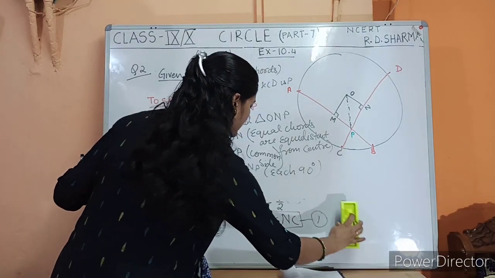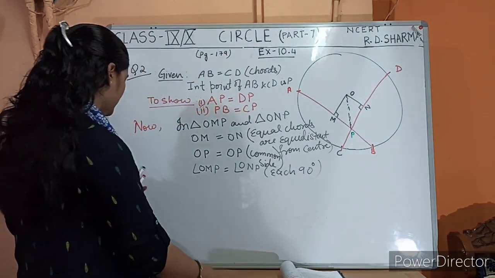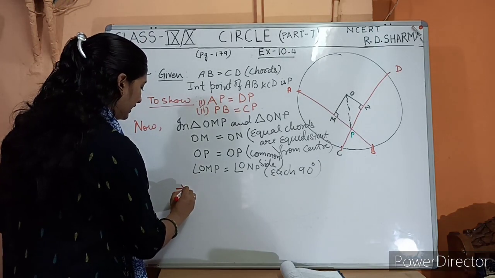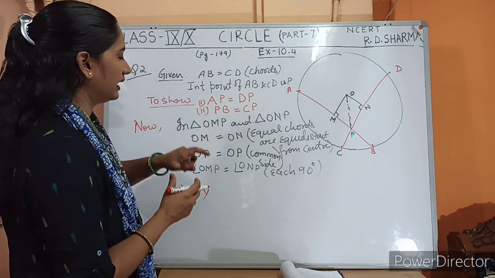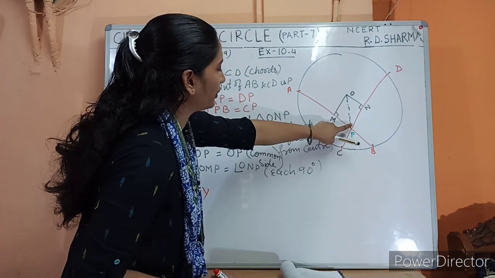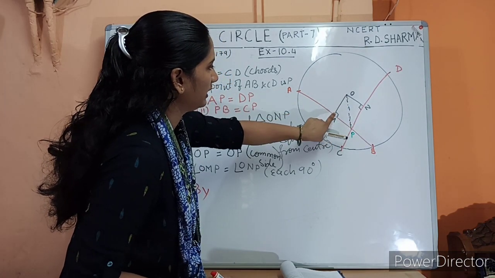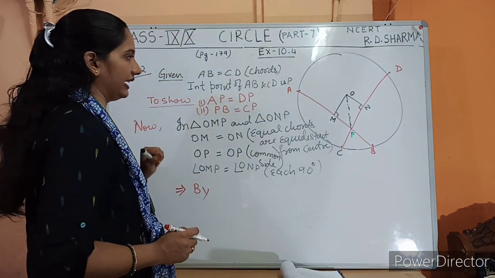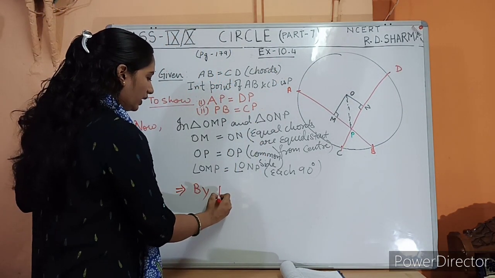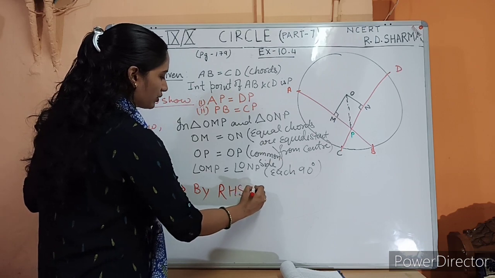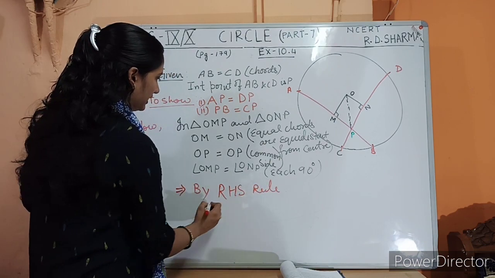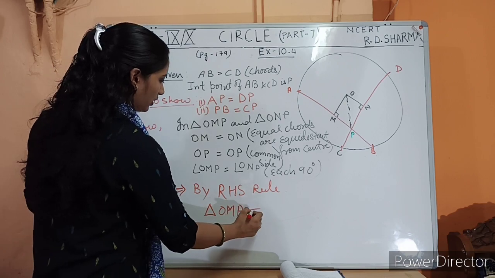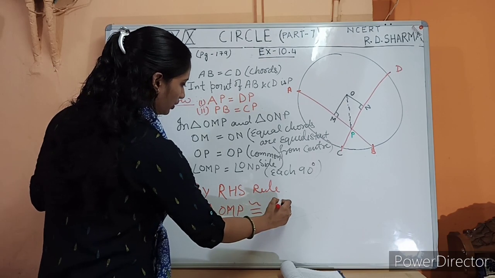So by using these three properties, consider this as the hypotenuse, this 90 degree, and this is one of the sides. OM is one of the sides. We can say that by RHS rule, the triangle OMP is congruent to the triangle ONP.